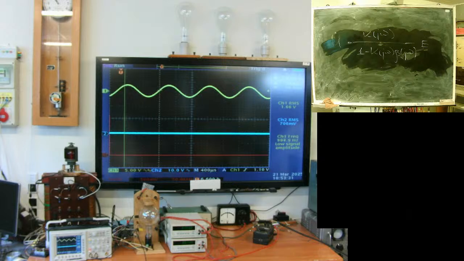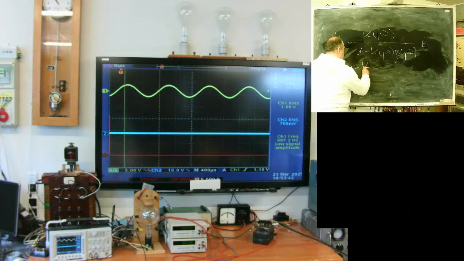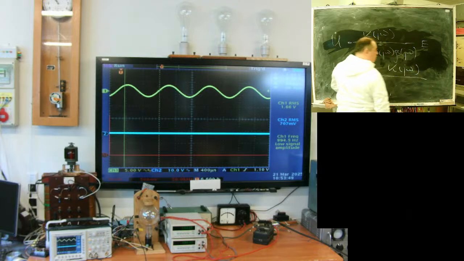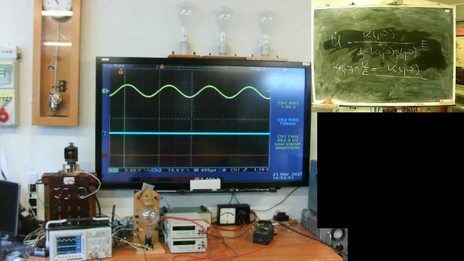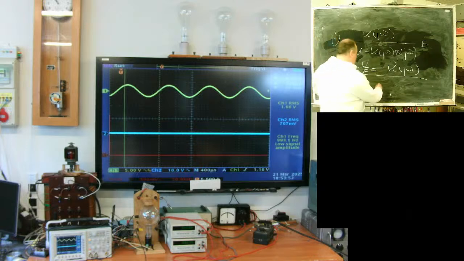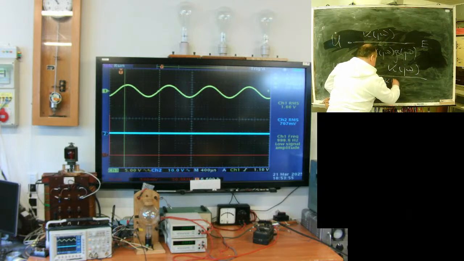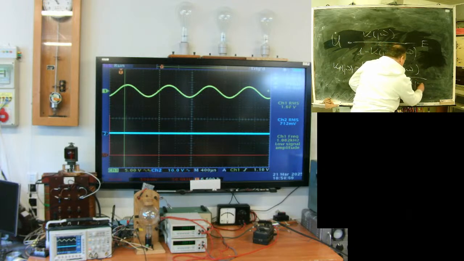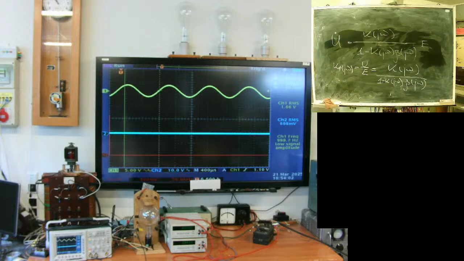From this, I can write a transfer function for the whole system. I can take it as U divided by E, so it will be the transfer of the open loop divided by 1 minus the transfer of the open loop times the transfer of the feedback.